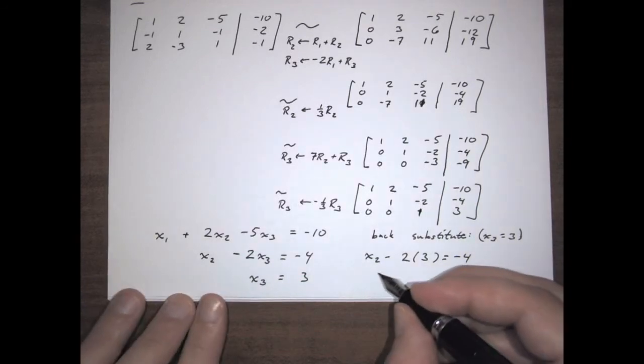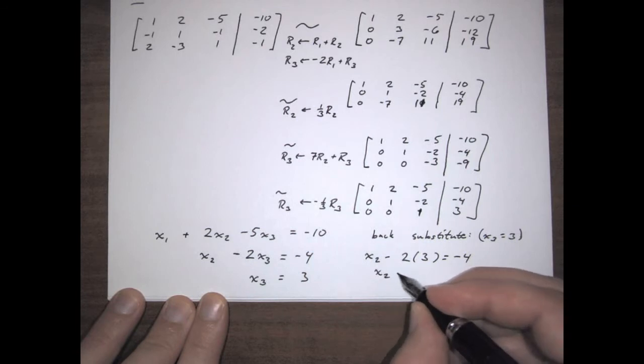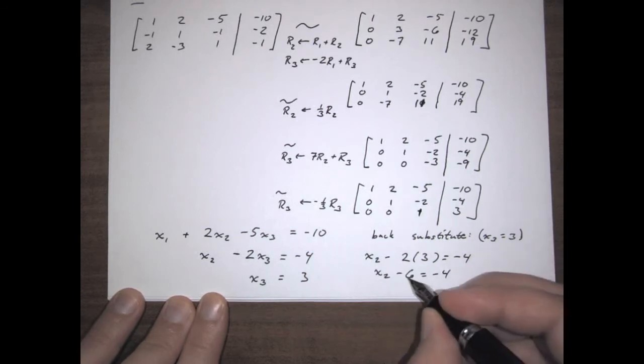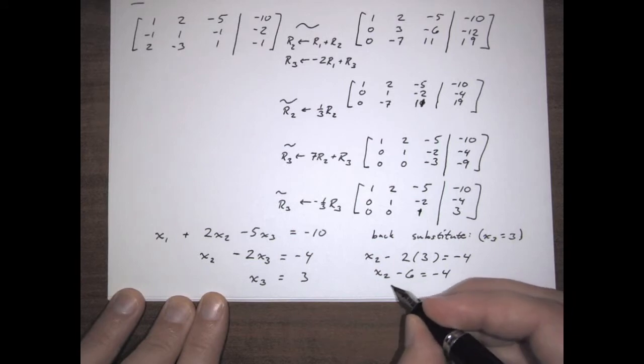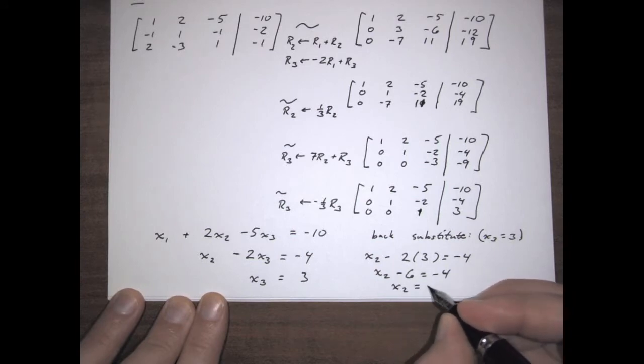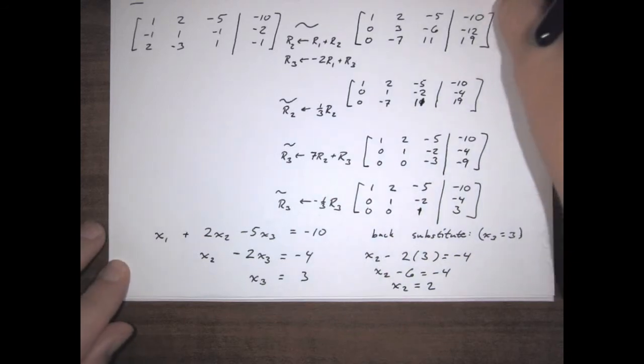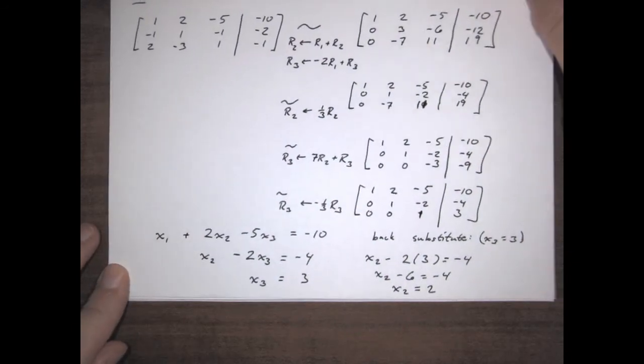And that means x2 minus 6 equals -4. Which then, if we add 6 to both sides, we get x2 is equal to 2. So now we've got answers for what x3 equals and what x2 equals. We know x3 equals 3, x2 equals 2.